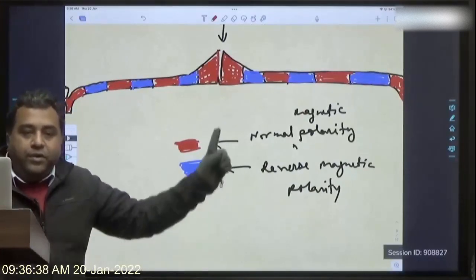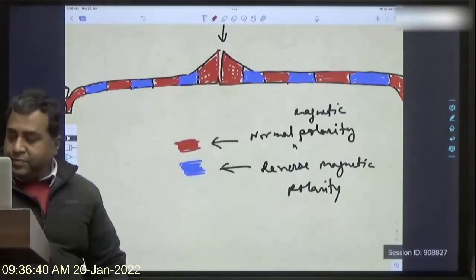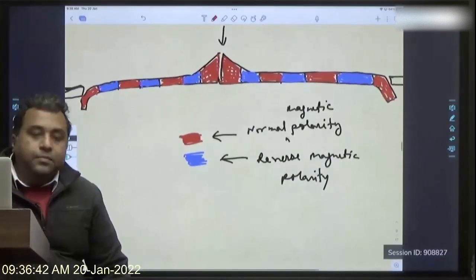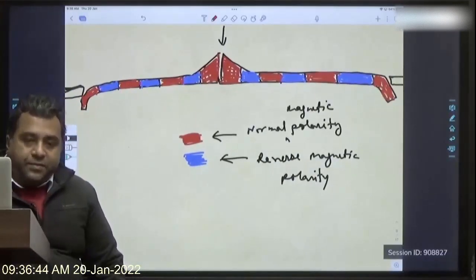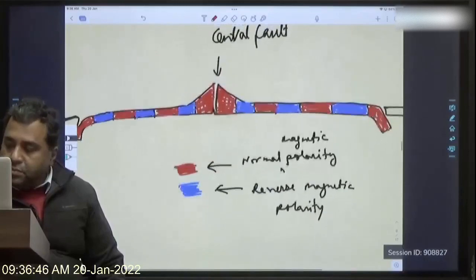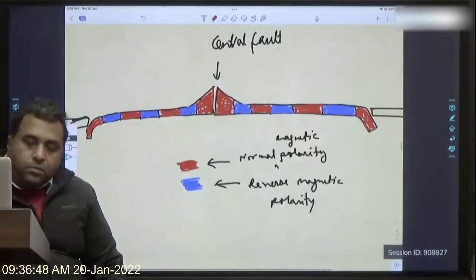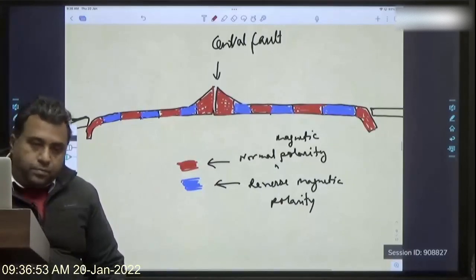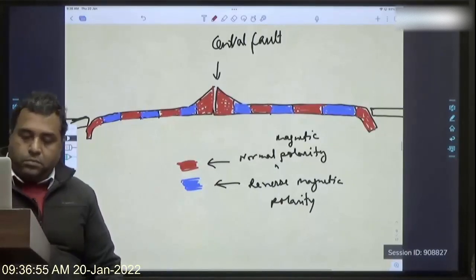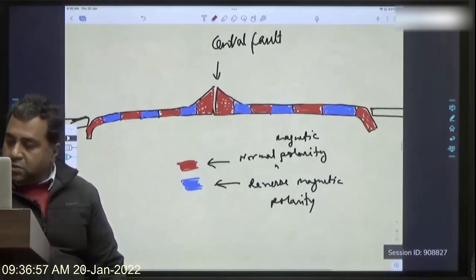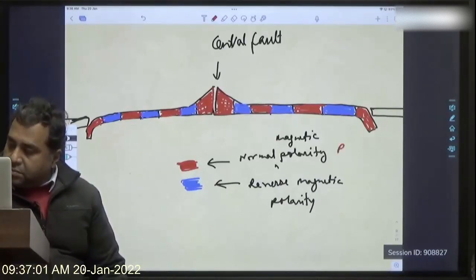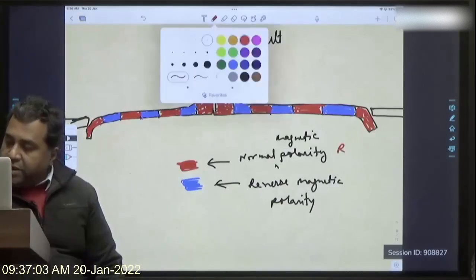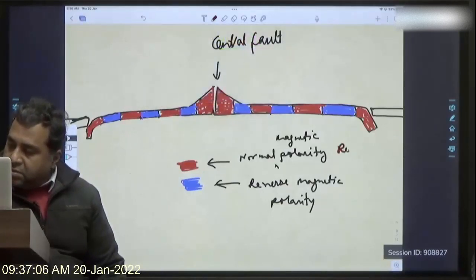Alternate bands of red and blue. So normal magnetic polarity rocks and reverse magnetic polarity rocks.